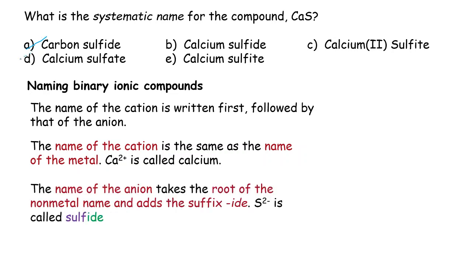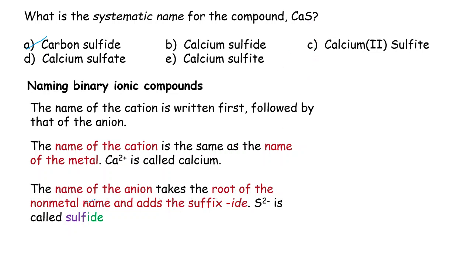The next rule: the name of the anion takes the root of the nonmetal name and adds the suffix ide. Binary ionic compounds means only 2 elements, so for 2 elements, you can simply follow these rules. The second element is sulfur.